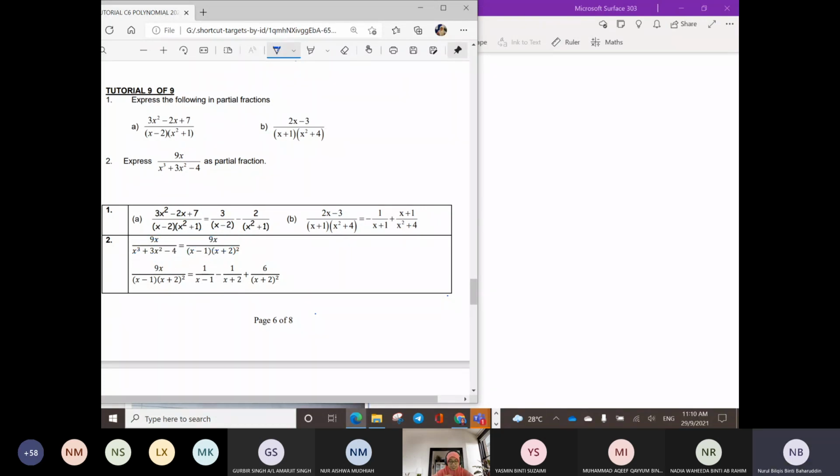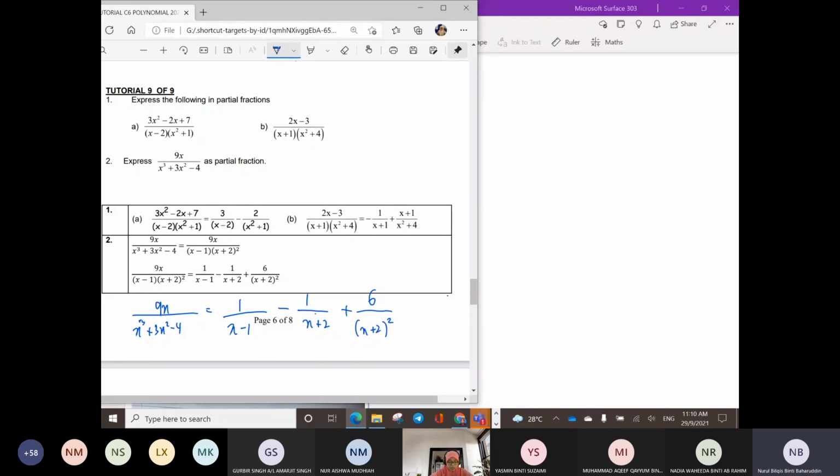And then if the final answer in the mark scheme, I'm talking about the mark scheme, is like this: 9x over x cubed plus 3x squared minus 4 equals 1 over x minus 1, minus 1 over x plus 2, plus 6 over (x plus 2) squared.